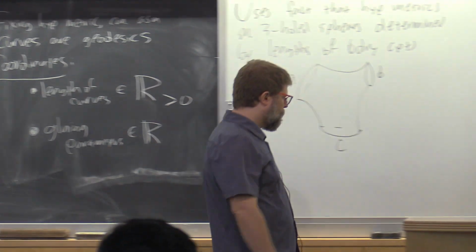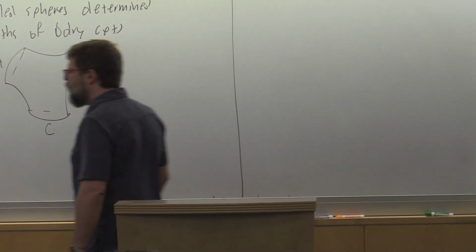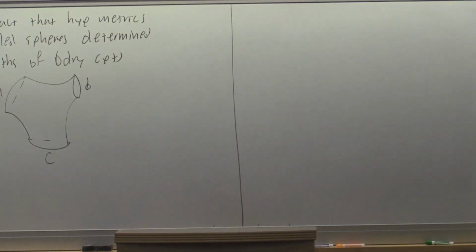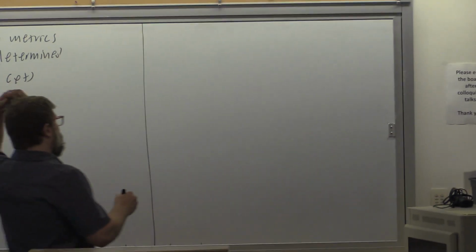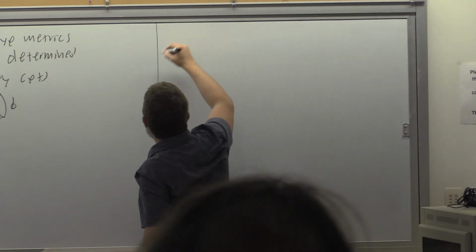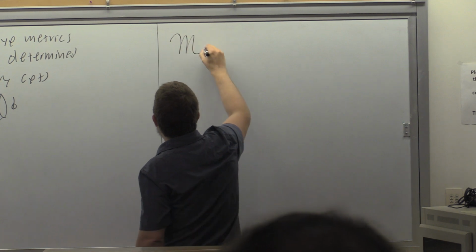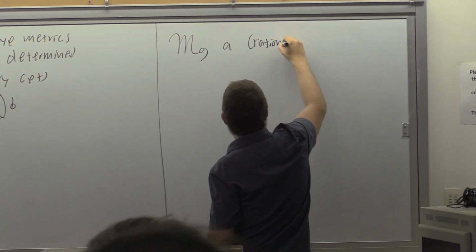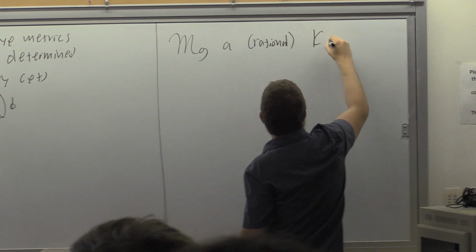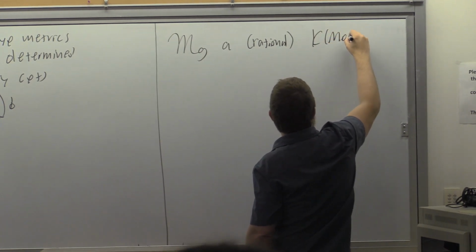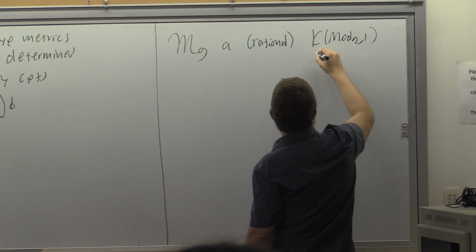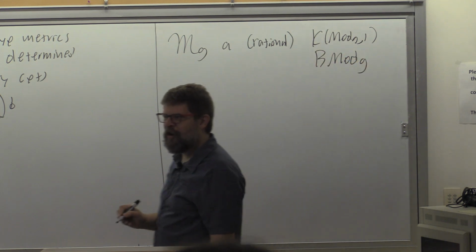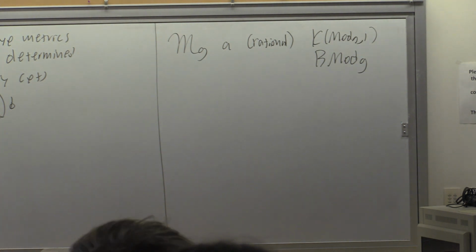And so we see that M_g is a rational K(π,1), or B Γ_g, depending on what land of math you live in.